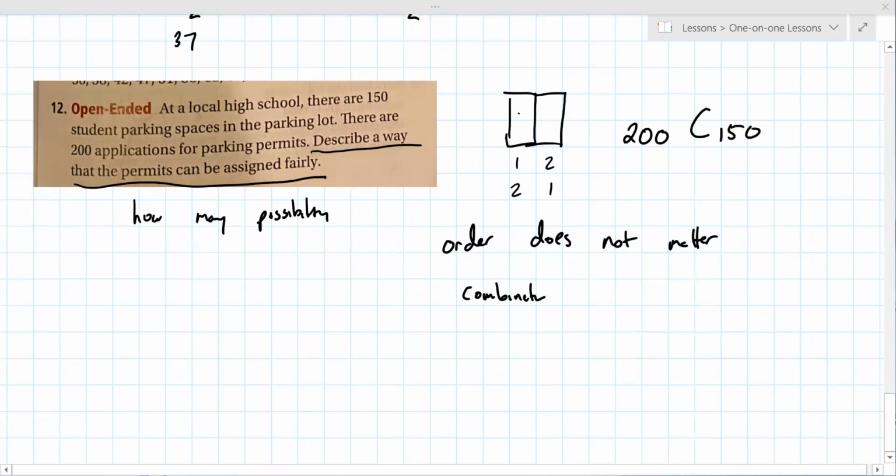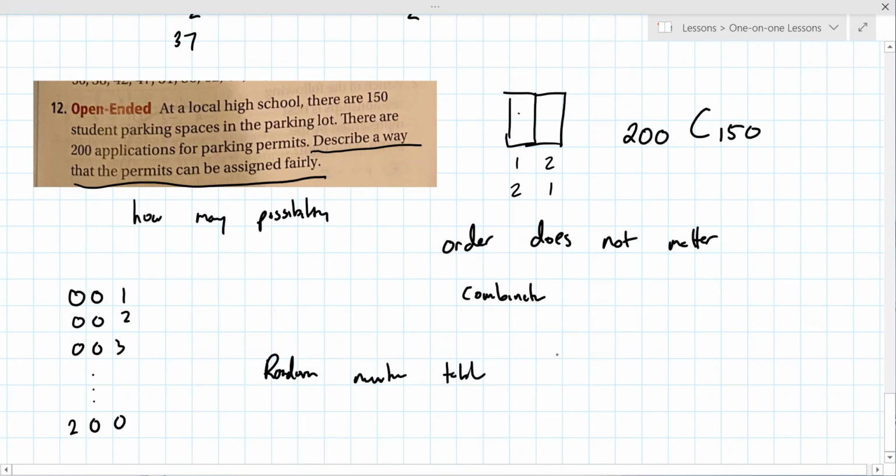Let's say everyone was numbered 001 all the way up to 200. You could go to a random number table.